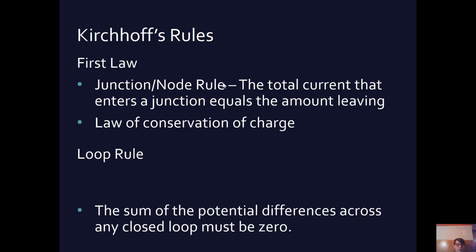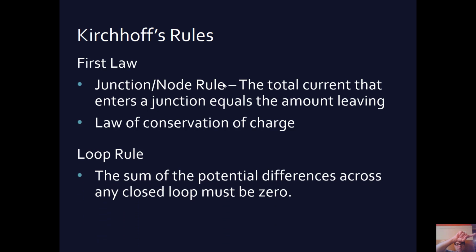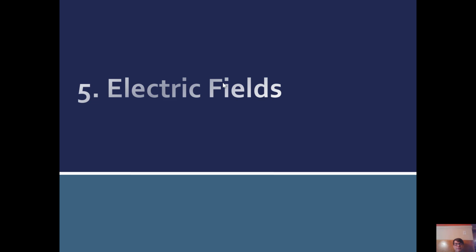The second law is the loop rule, which basically says what I was trying to explain earlier, that the sum of all the potential differences across any closed loop must be zero, that all the potential has to be used up so that you have a conservation of energy. Okay, Kirchhoff's rules. Not Captain Kirchhoff. Anyway, okay, electric fields.